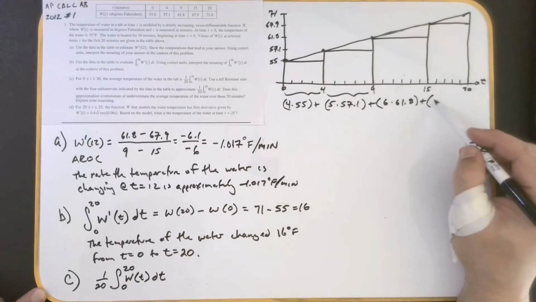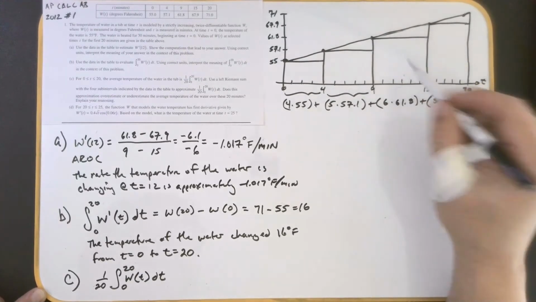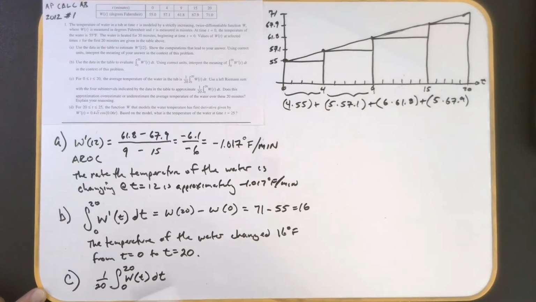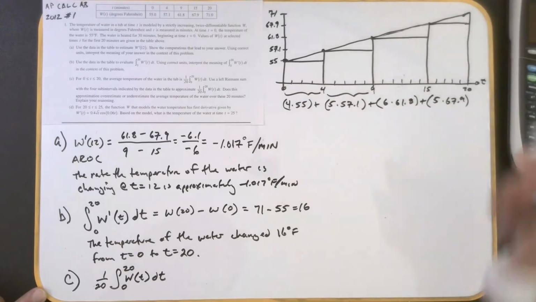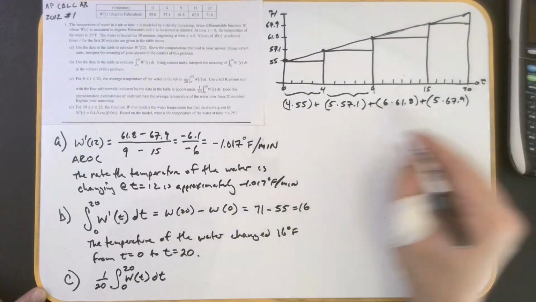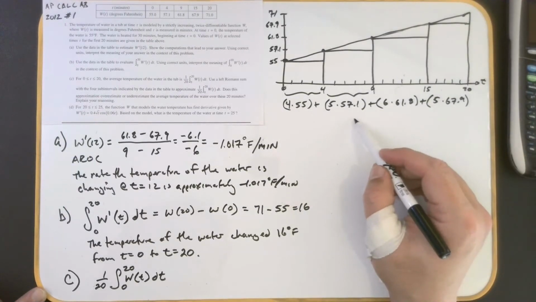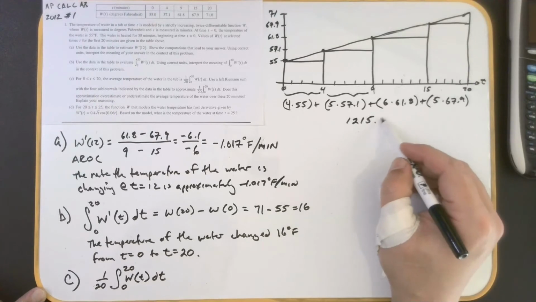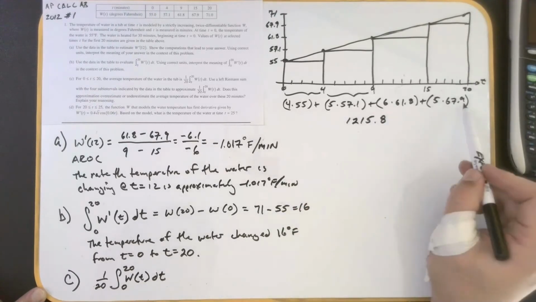And then this last one here is 5 times the height value 67.9. Then you can use your calculator, and that value before you take 1/20th of it is going to be 1,215.8. That is what that total is here.